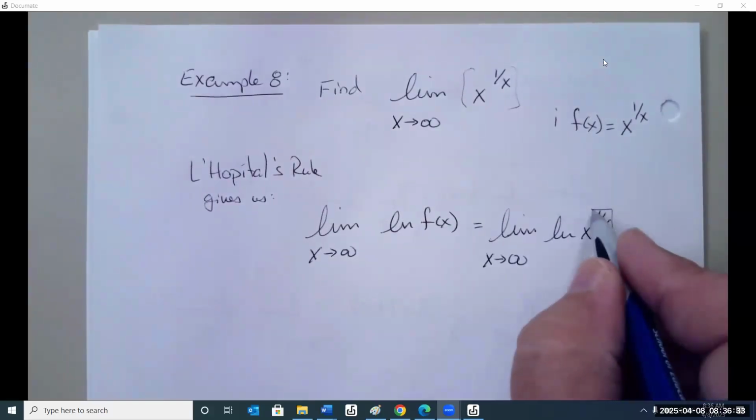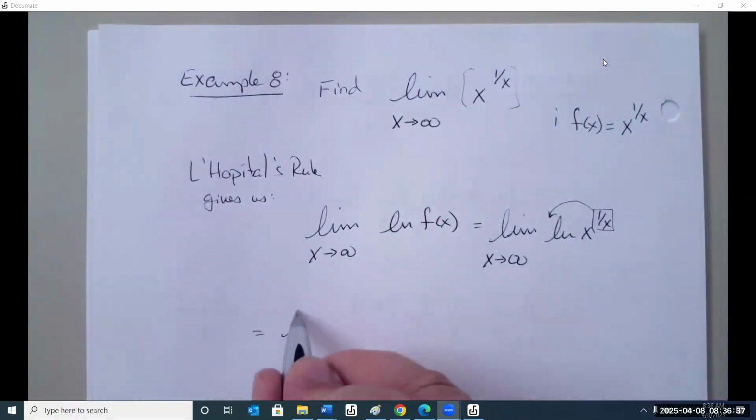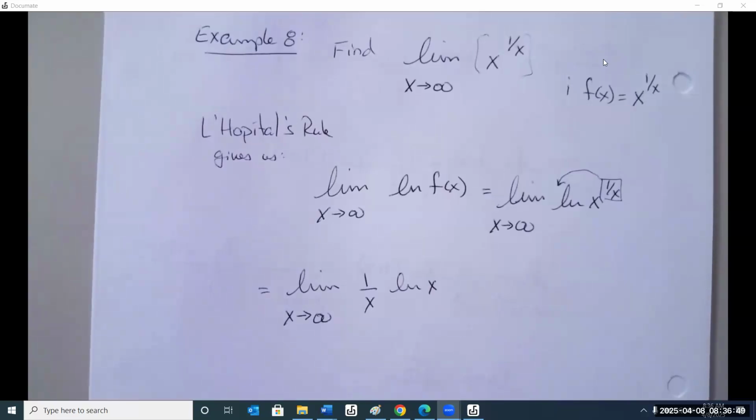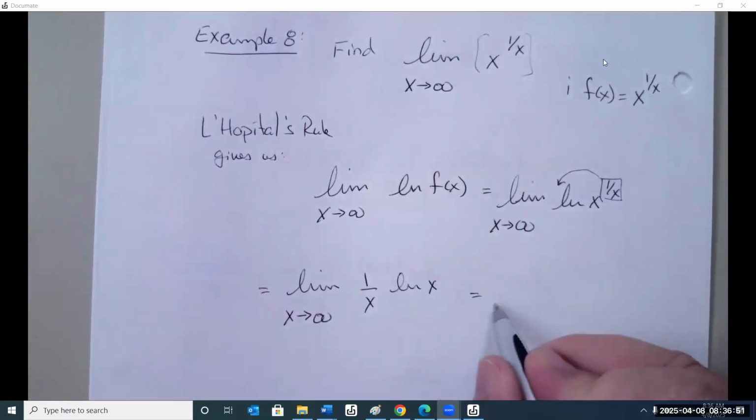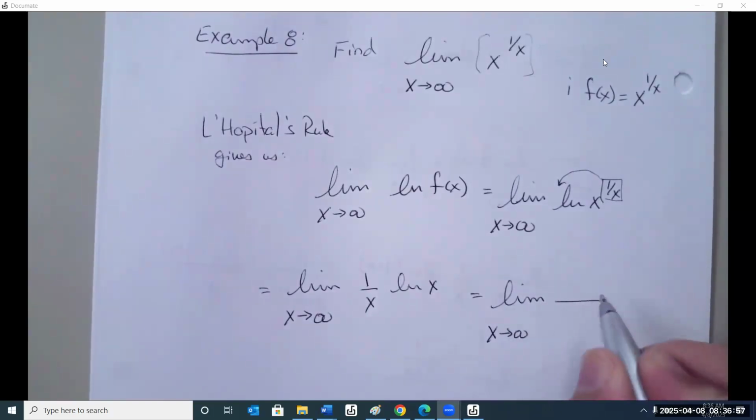The exponent goes in front of the ln, so that gives us the limit as x goes to infinity of 1 over x ln x, which is actually the limit as x approaches infinity of ln x over x.